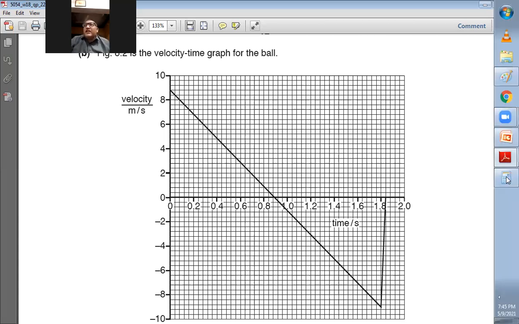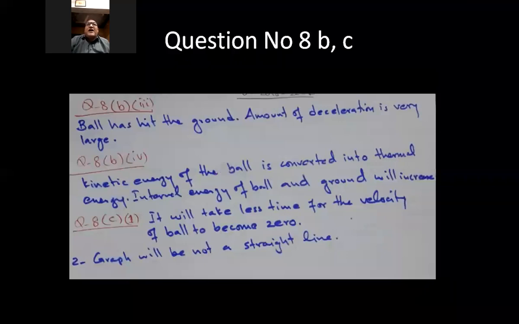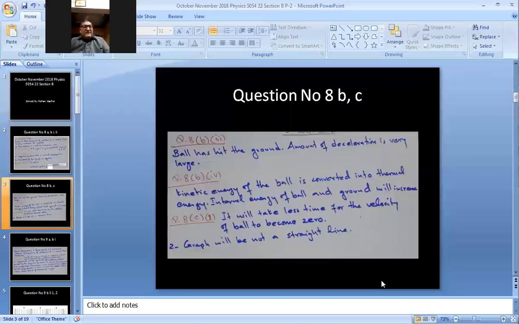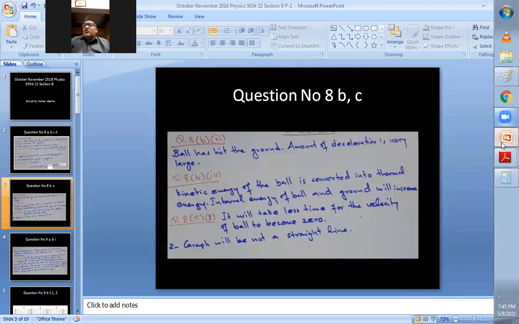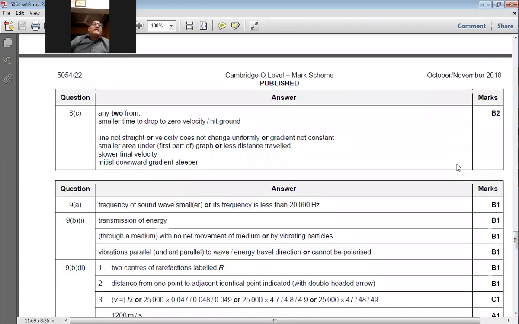So let me show you my written answer, then we will see what the marking scheme has to say. This is question number 8, part C. It will take less time for the velocity of the ball to become 0. Graph will not be a straight line. It will be a curve, a little curve. So what does the marking scheme have to say?